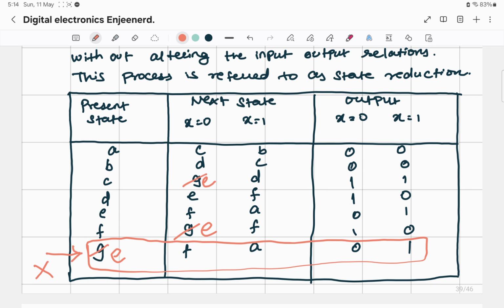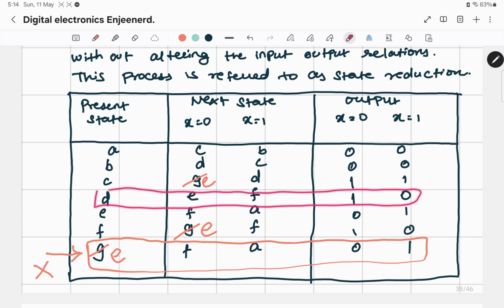After doing this, I have to reiterate the same step. Again I have to check which two states are exactly similar. But now my G is replaced by E, so I have to consider E everywhere. Let's check what other states are similar. I can see D and F are similar now, the ones in pink.